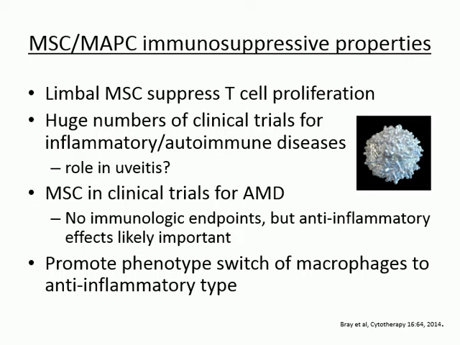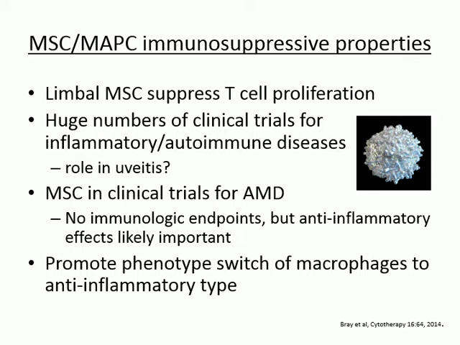And I think the anti-inflammatory factors are likely to be very important in their therapeutic effect. But the way the trials are designed, there are no immunologic endpoints. And so we really won't get insight into the anti-inflammatory mechanisms in these early clinical trials.